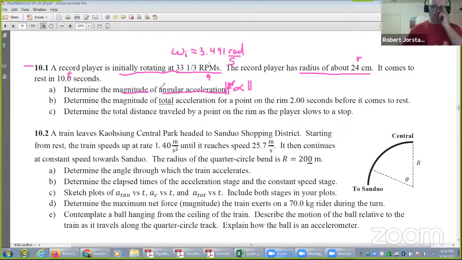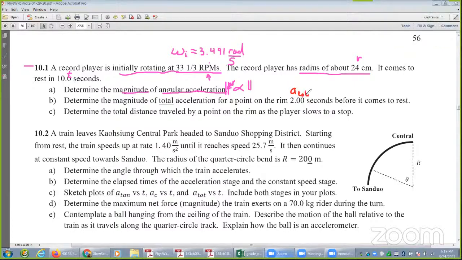All right, what's next? Part B. What are we supposed to get? Alpha total. What is alpha total? Is it a_c, a_tan, alpha? It's both a_c and a_tan, but that's right.